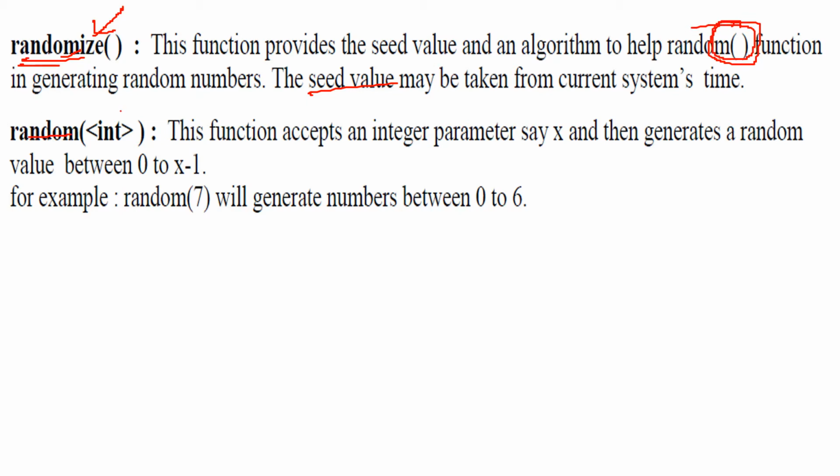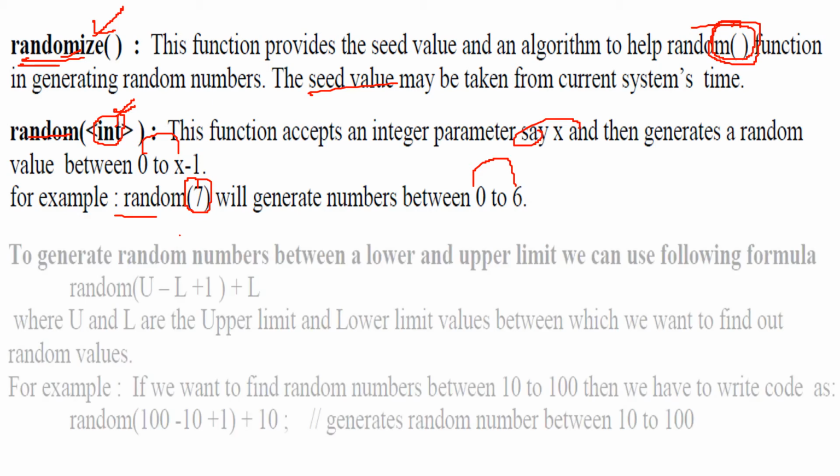So this is random. Inside this function we pass an integer parameter, say x, and it generates a random number between 0 and x minus 1. Please understand, 0 to x minus 1. That means if you have random and you have inside it 7, this is going to generate between 0 to 6.